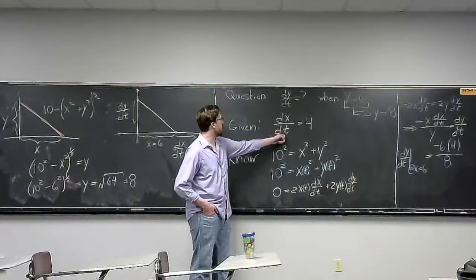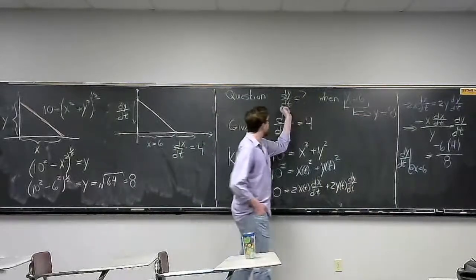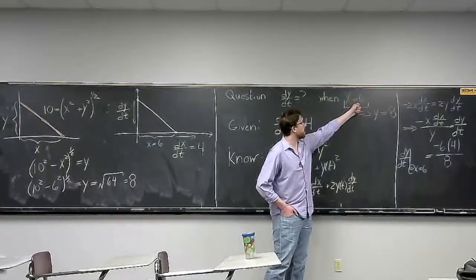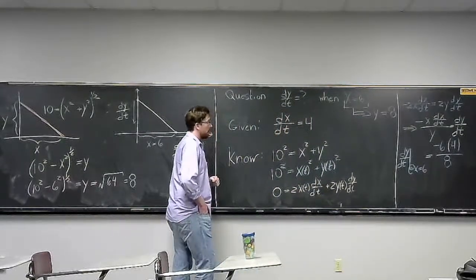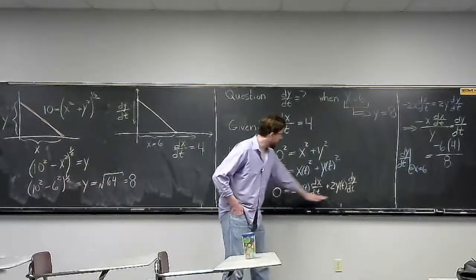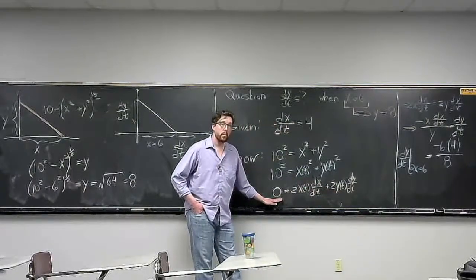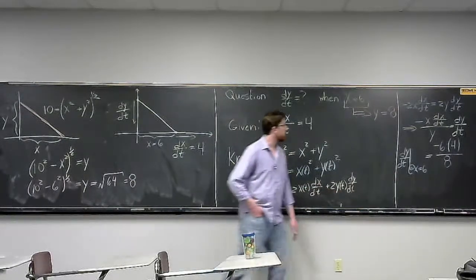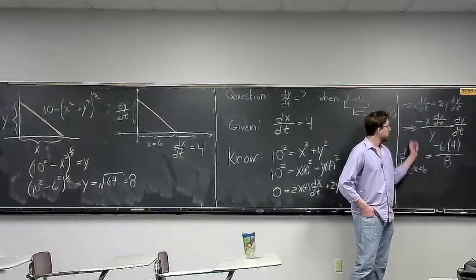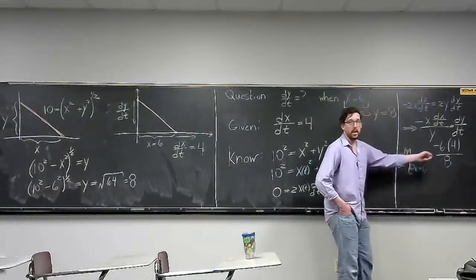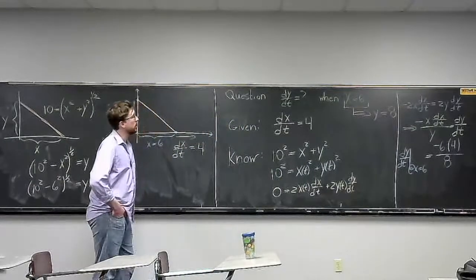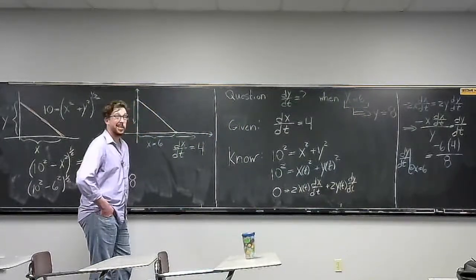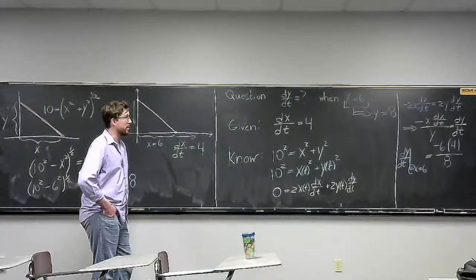So we're given that dx/dt is equal to 4, and based on the question, we know x is equal to 6 and y is equal to 8. Then using that derivation that we found from what we know to fill in all the unknown data and solve for our unknown. And that's it. That's really the idea of this.